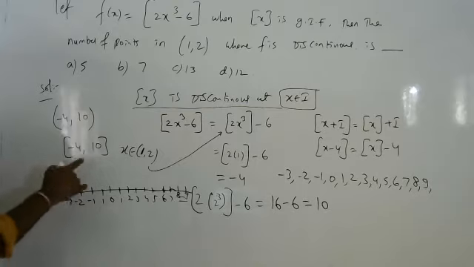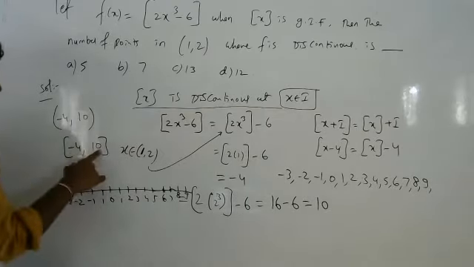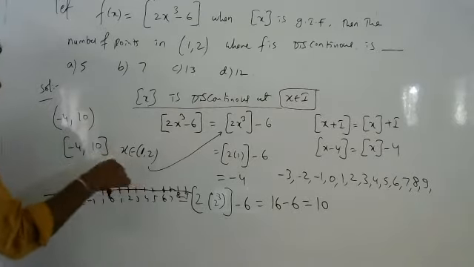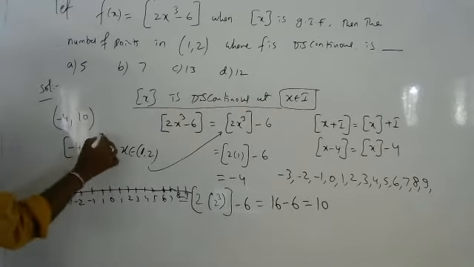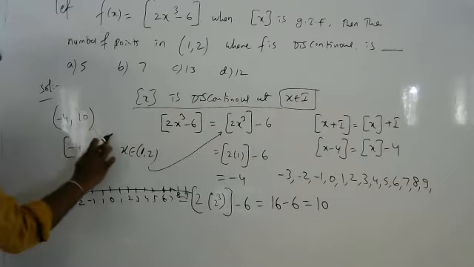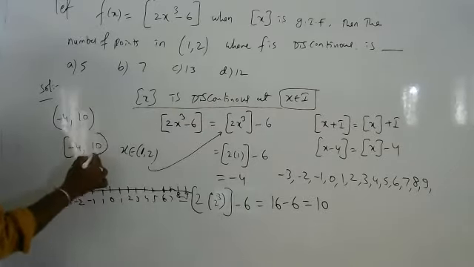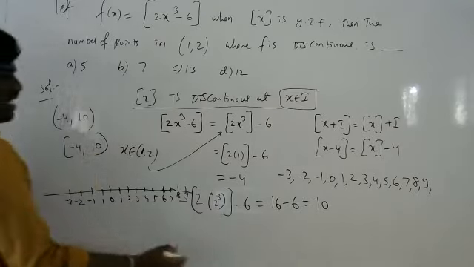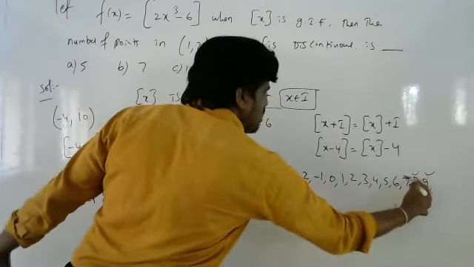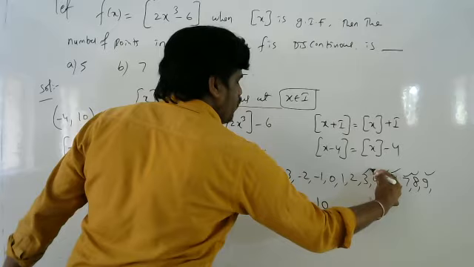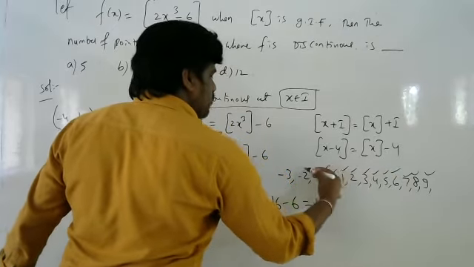Minus 4 to 10. If you cross 10, then it is a problem. But here the open interval is there, so 10 will not count. 10 will not count means till 9 only we will count: 9, 8, 7, 6, 5, 4, 3, 2, 1, 0, minus 1, minus 2.